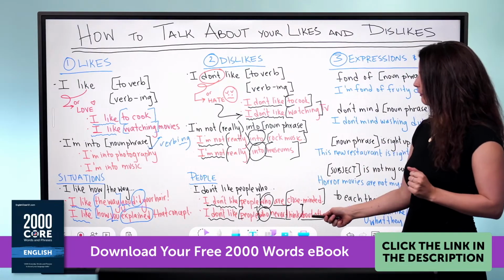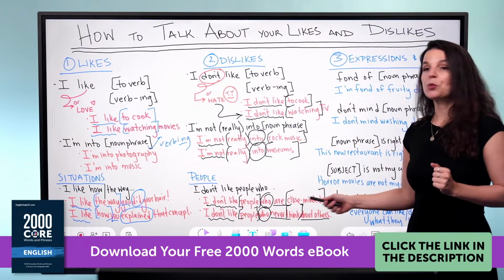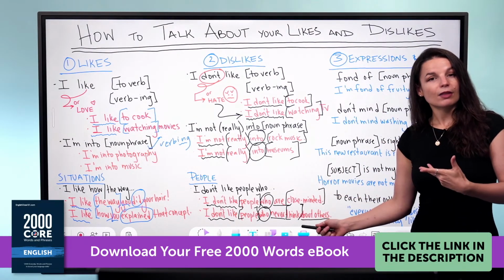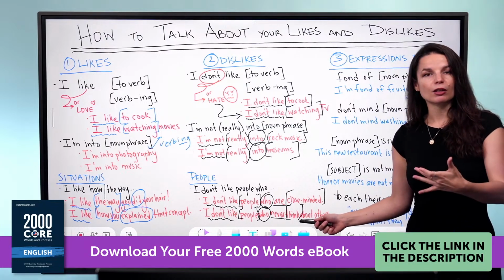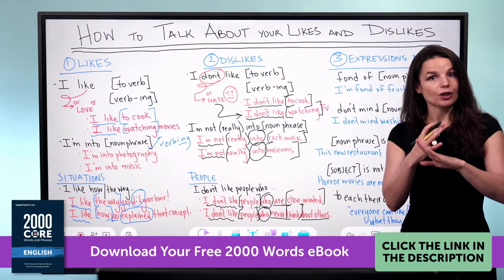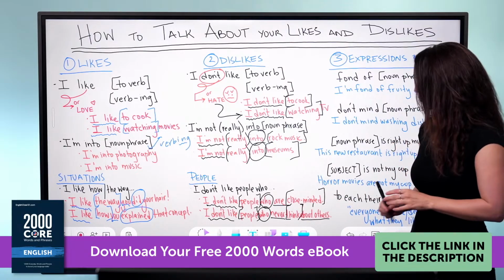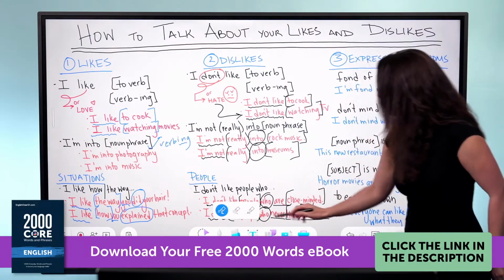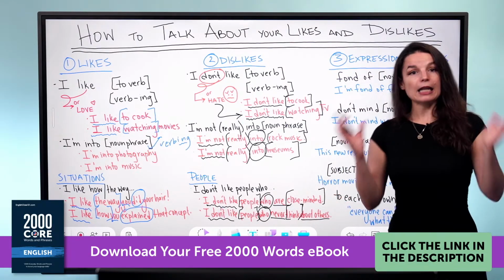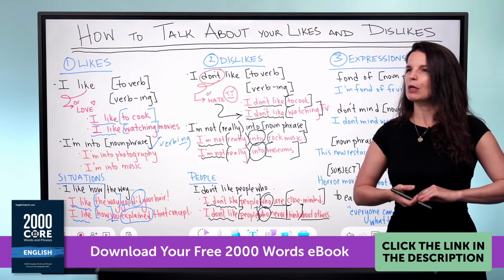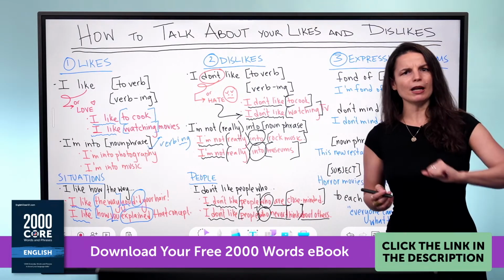So this is different from this one. This one expresses a personality. This one expresses an action, or in this case, no action that we dislike. I don't like people who never think about others. Or I don't like people who never maybe clean up their house. Or I don't like people who never pay money back to me.